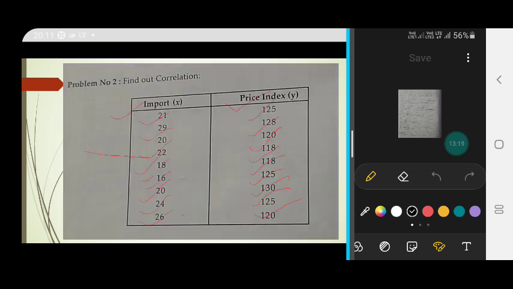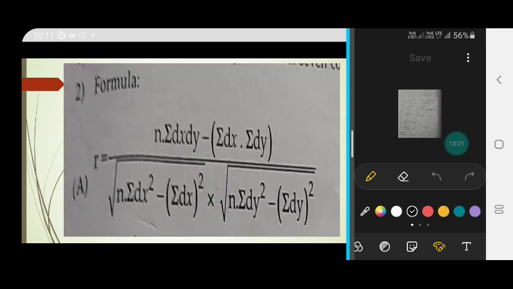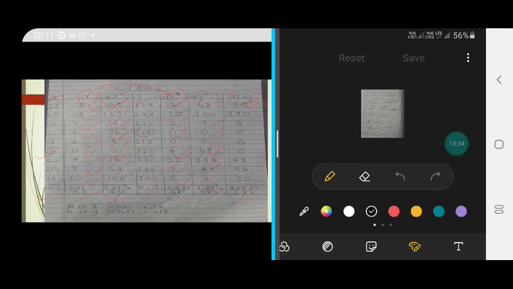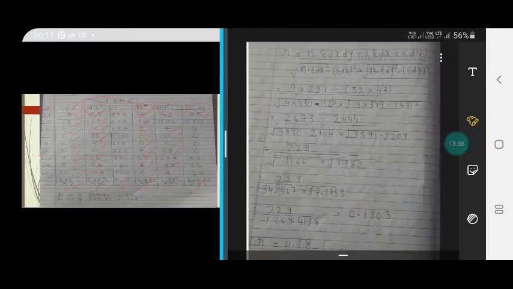So this way we have seen the formula. Okay. Now we have to put the values into this formula from the preparation chart.